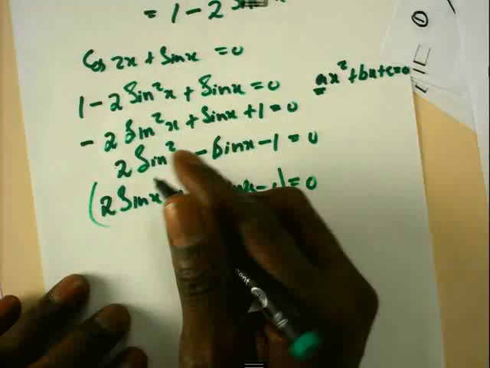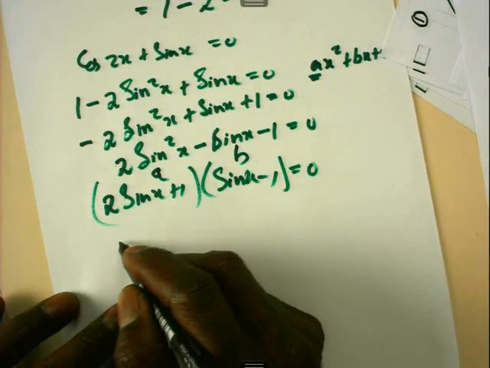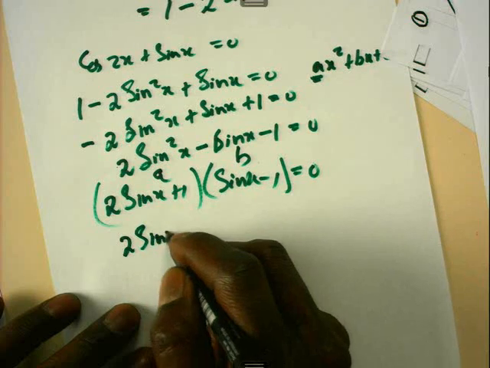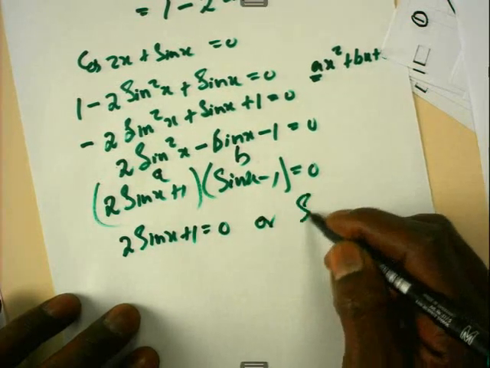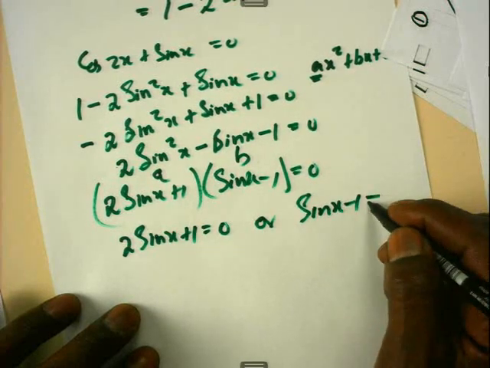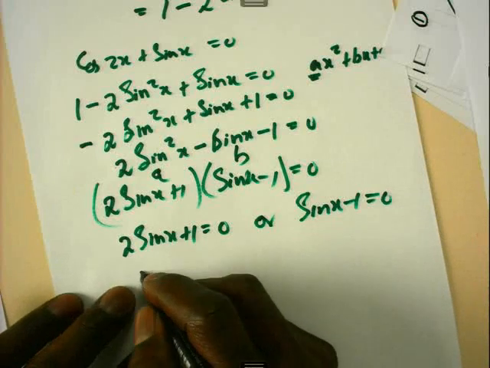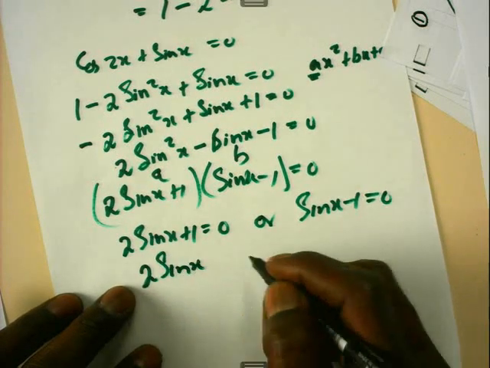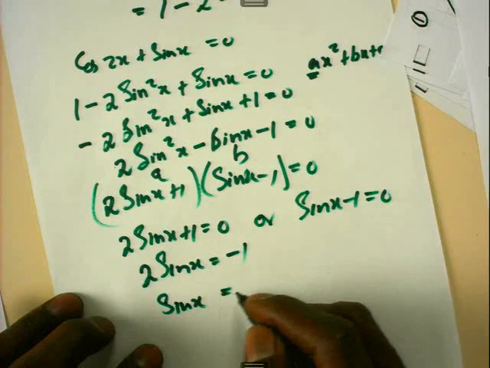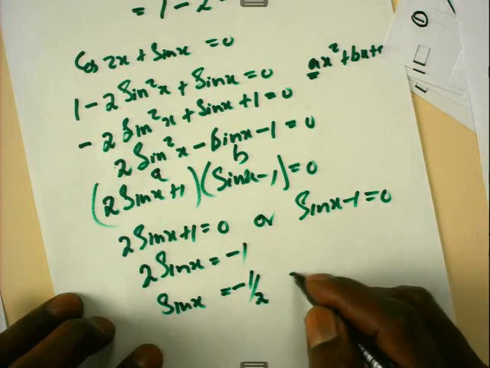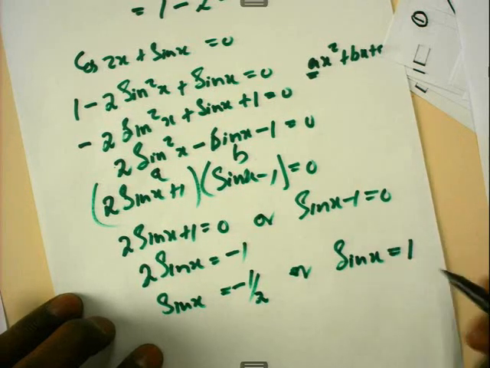So we use the same principle there. We take this one as a, this one as b, then we'll have 2 sine x plus 1 equal to 0, or sine x minus 1 equal to 0. Transposing everything, we transpose 1 to the right, then it becomes minus 1. We divide both sides by 2. We have got minus 1 over 2, and for this one we have got sine x is equal to 1.